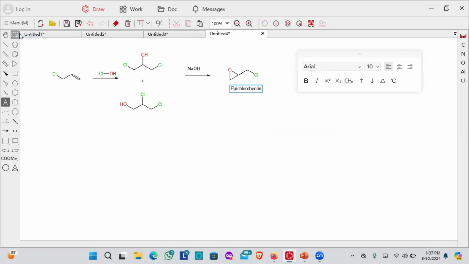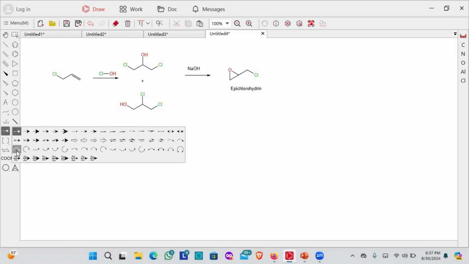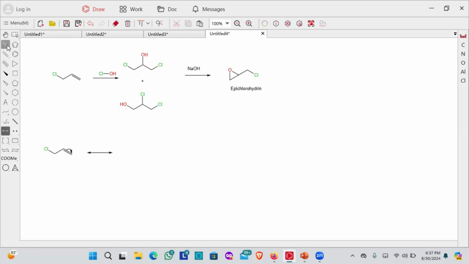Let's start with the allyl chloride. Let's take a copy of it, and show the mechanism to turn the allyl chloride into 1,2 and 1,3-dichloropropanol.